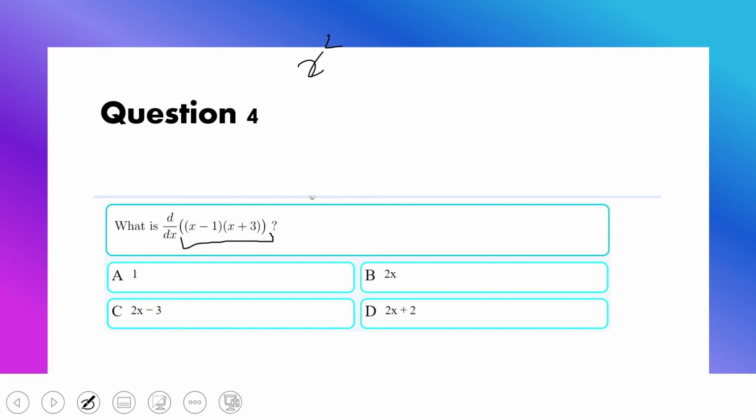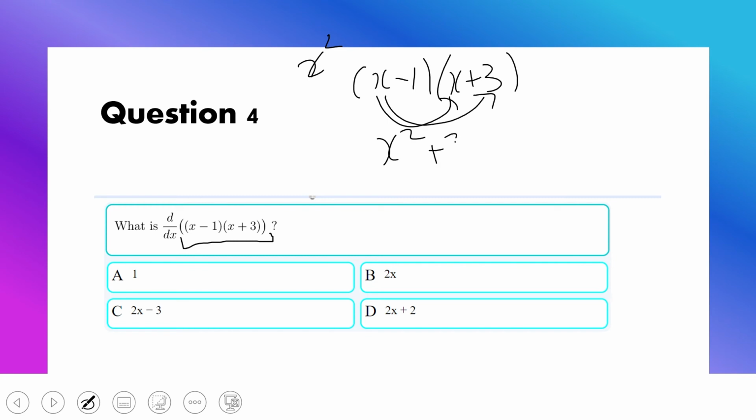So let's do that. So let me just expand this. So (x minus 1)(x plus 3). I'm just going to use FOIL. So x squared plus 3x minus 1x minus 3. So that is basically x squared plus 2x minus 3.